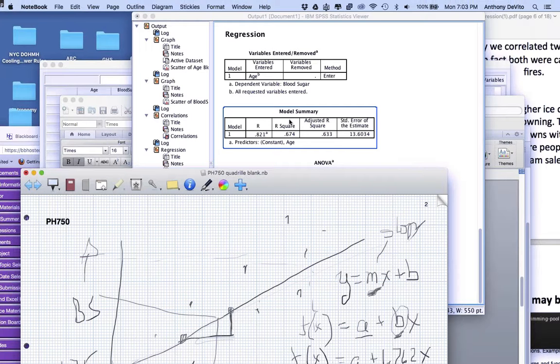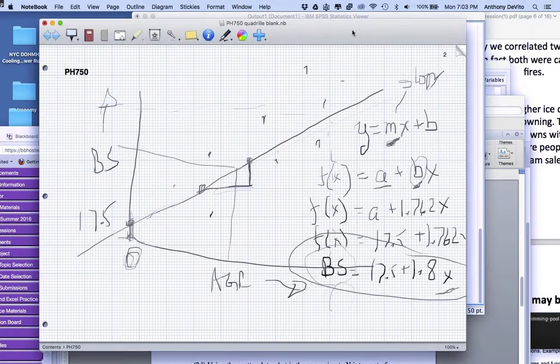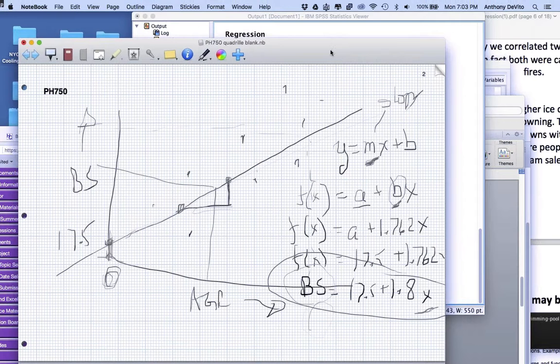In real life it may only be 10 or 20%, and other factors, obesity, BMI, diet, and so forth, may be among the other factors. But you see the kind of power that we have with this? It helps us understand not only if there is a correlation and if it's statistically significant, but how one variable affects the other, and how much of that variability can be accounted for by that other variable.